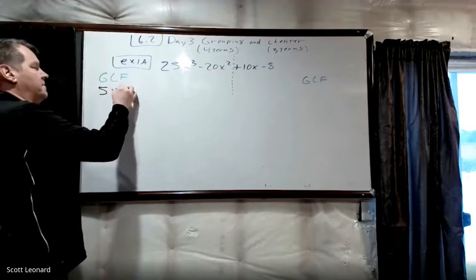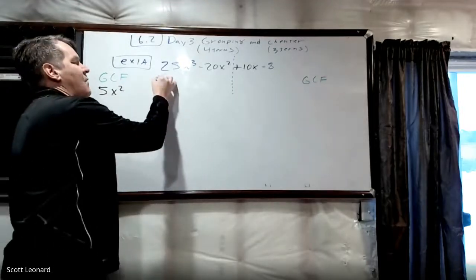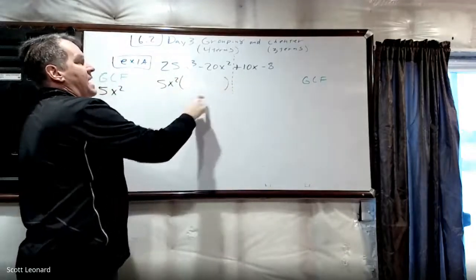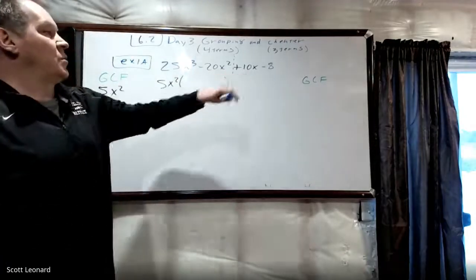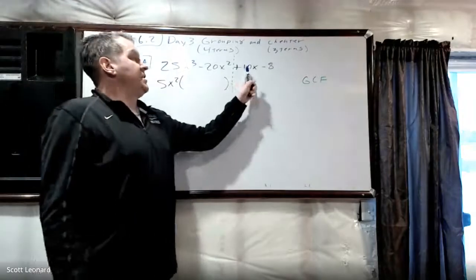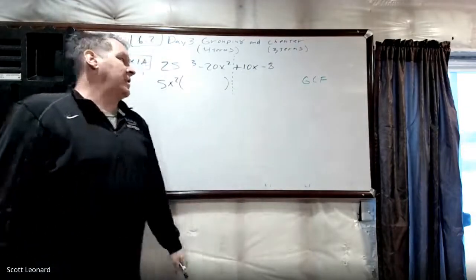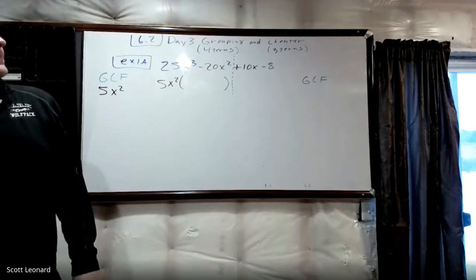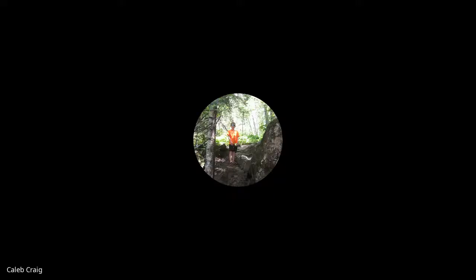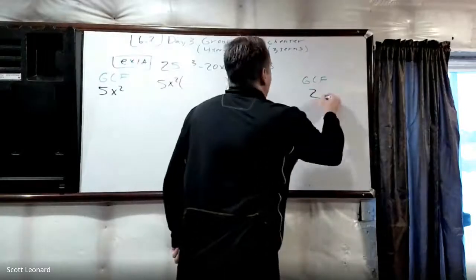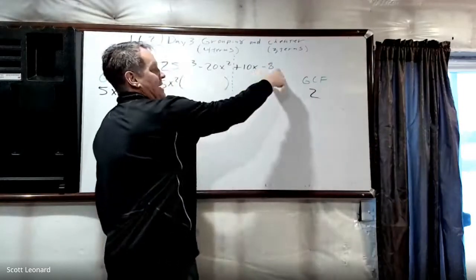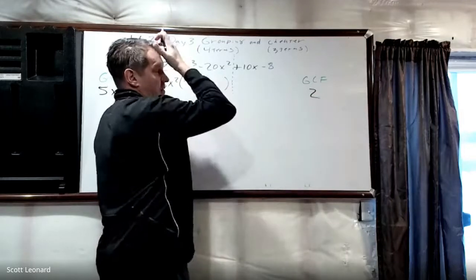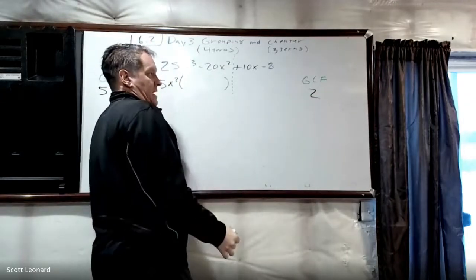Yep, x squared. So I want you to factor out the GCF from the first half. But before we do that, let's also work on the back half. What is the GCF of 10 and 8? What number can go into both 10 and 8? 2. Now, the first term has an x, but the second one doesn't, so we're not going to put a variable on this one. So this is a good review from Tuesday.